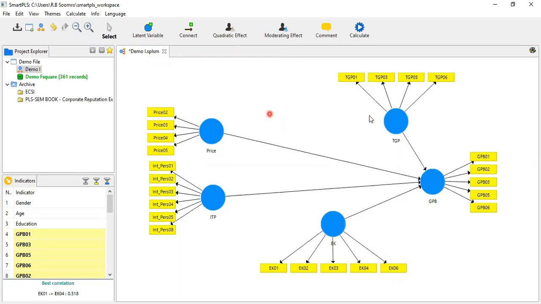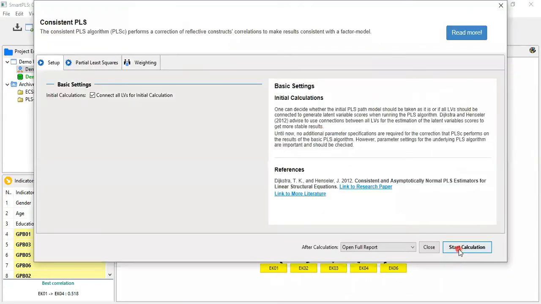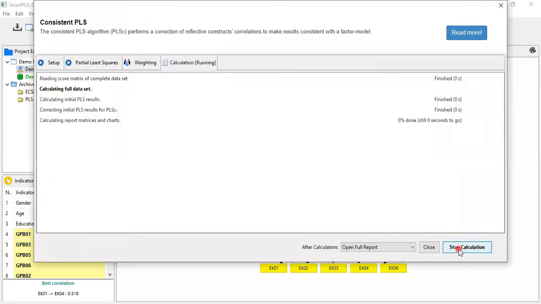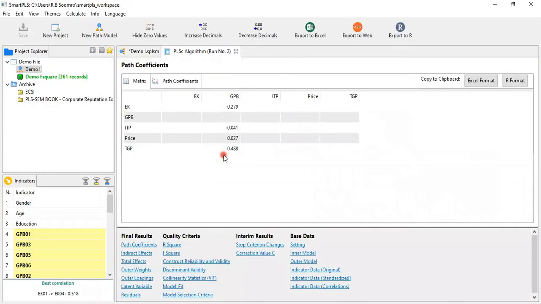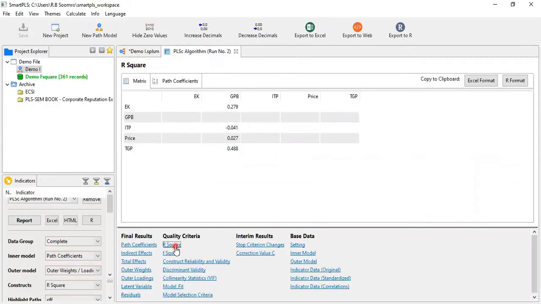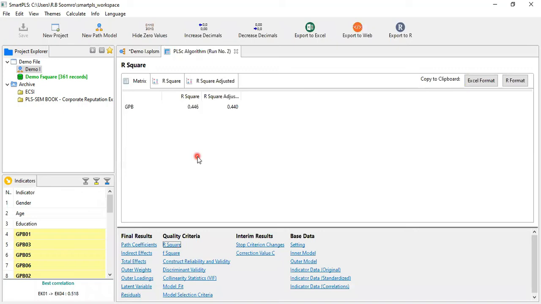And now again we are going to Consistent PLS algorithm. Start calculations. And now going on the R square. See, the same value is there. It has no impact on the R square because the value of that was less than 0.02. So that's why there was no impact.